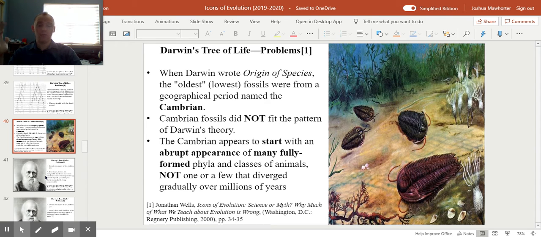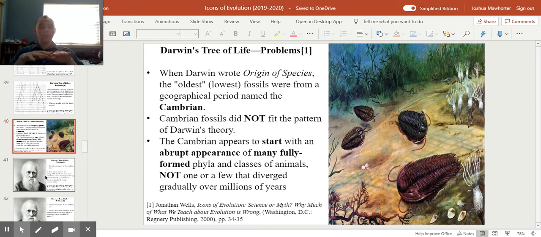And by animals, I just mean it in the most general sense, not one or a few that diverged gradually over millions of years. So what we see when we look at the lowest level, the Cambrian, is not the pattern that Darwin predicted, gradual modification.